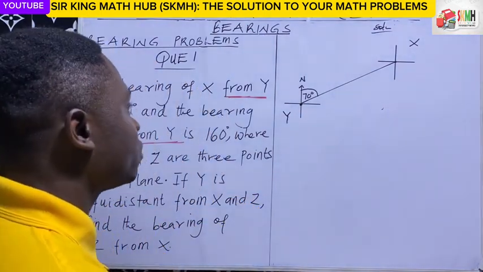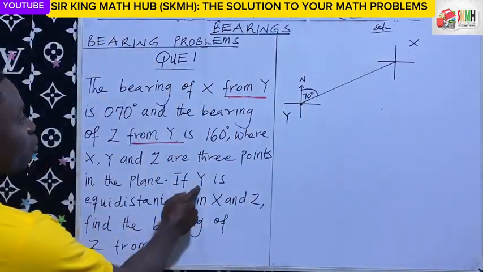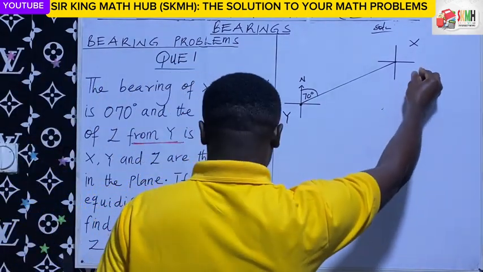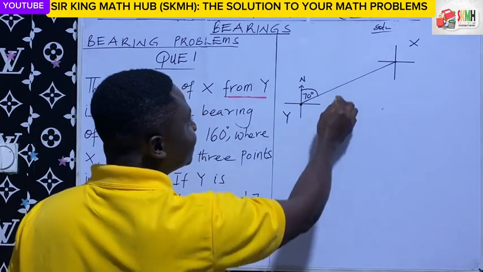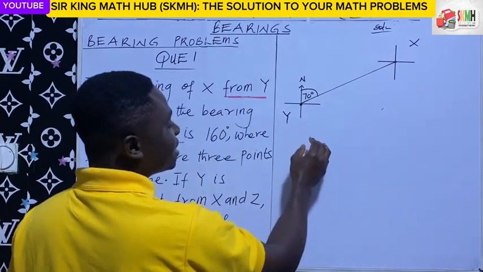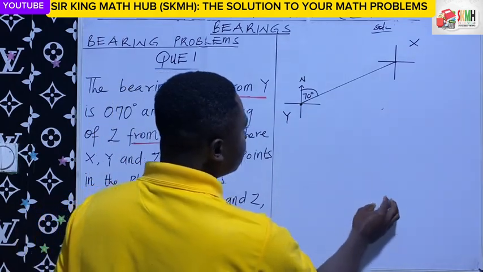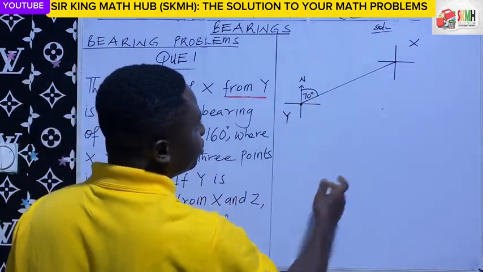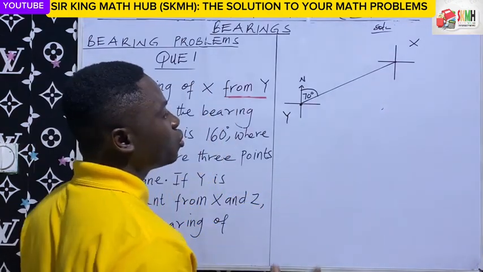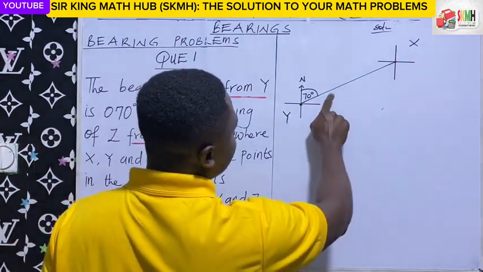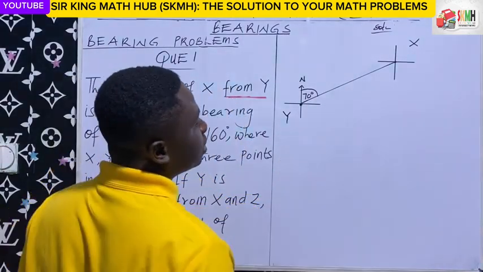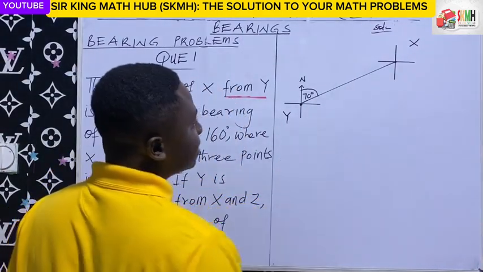But don't forget that we were told that y, this point here, is equidistant from x and z, meaning that the distance between x and y is the same as the distance between y and z. So in drawing this bearing, you must also consider the distance. Although it's not drawn to scale, the distance we use in drawing this line should also be used to draw the line that connects y and then z.